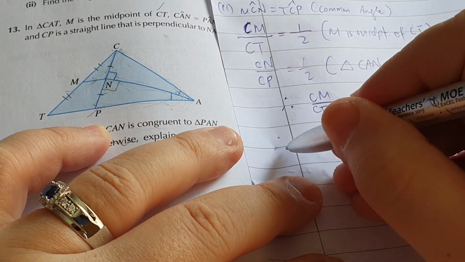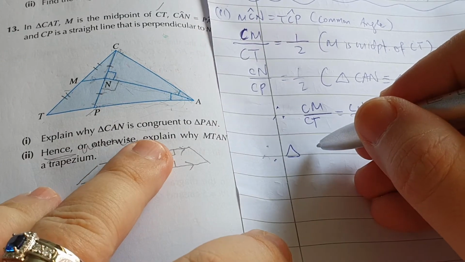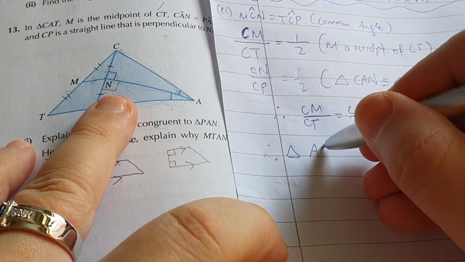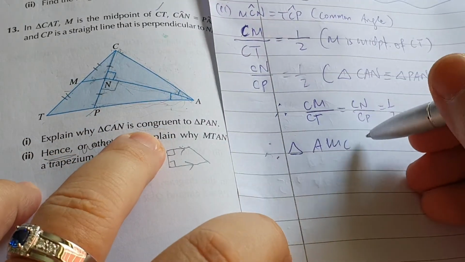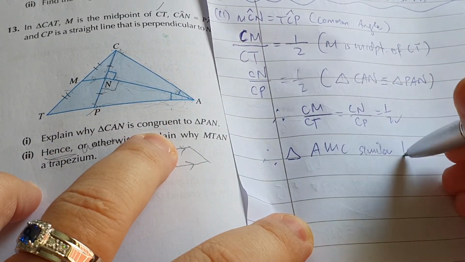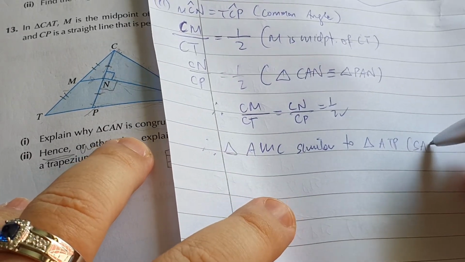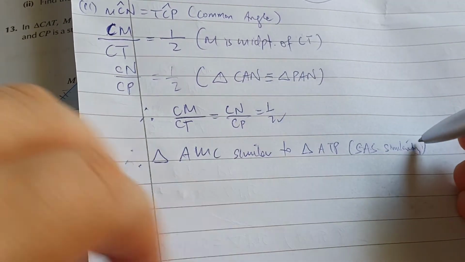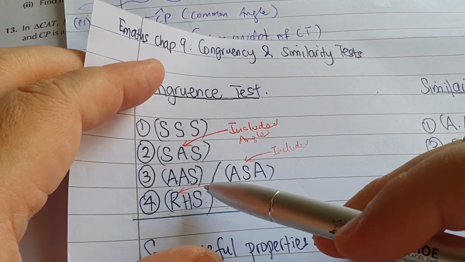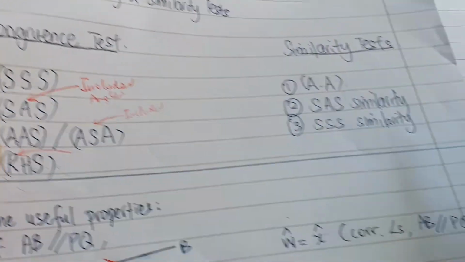Therefore, triangle AMC small over big. What's the reason? SAS, but you must say SAS similarity. Why? Because there are two SAS. One of them is the congruence test, the other one is the similarity test. So you state similarity here.